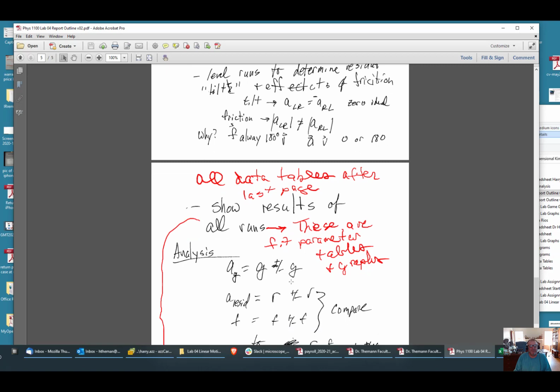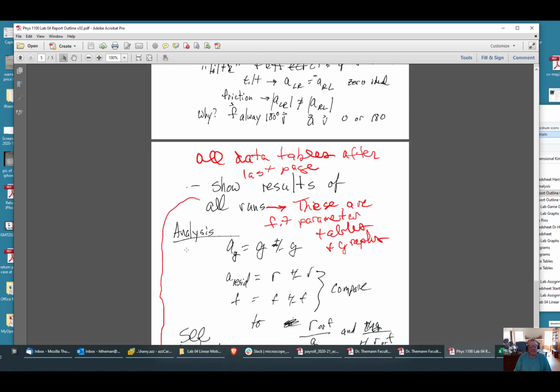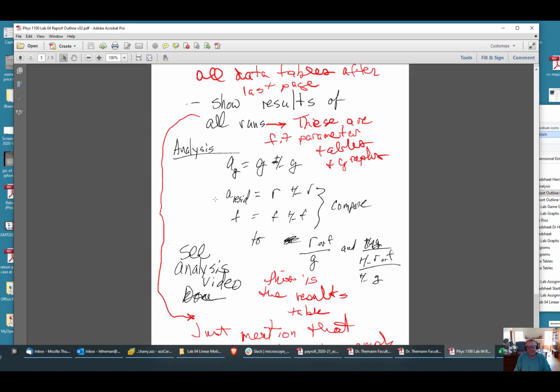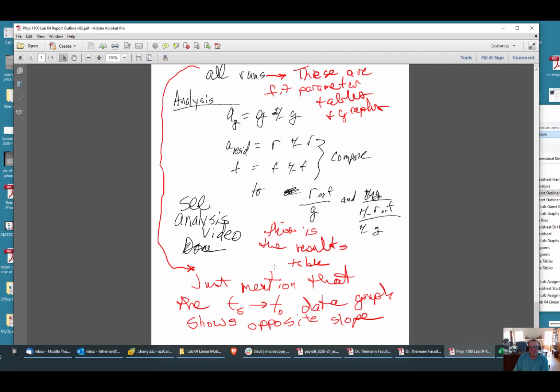And then the results would be the graphs and the fit parameter tables, and then the analysis is that summary table that you see in the middle where I combine all the data, and then our discussion of the actual numbers we got for acceleration and for the friction terms. And this is the result.